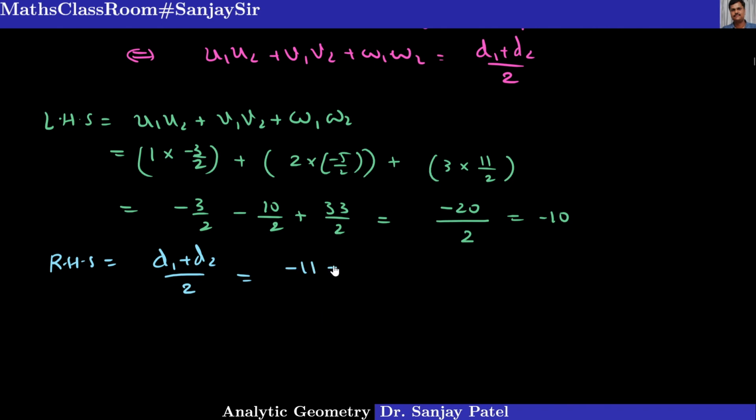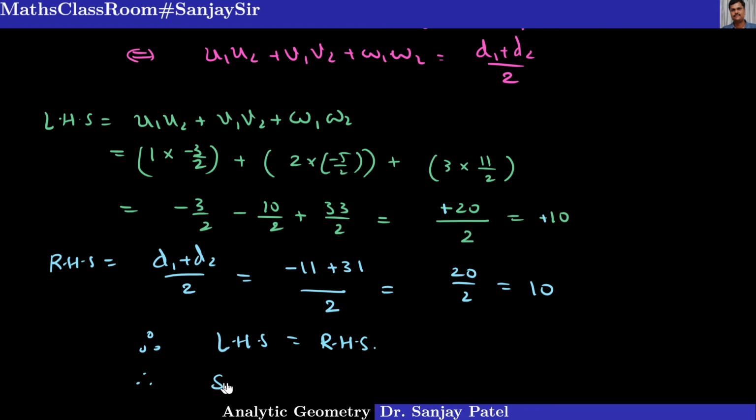It is minus 11 plus 31 upon 2. 31 minus 11 is 20 by 2, so we get 10. And therefore the conclusion is LHS is equal to RHS. And therefore the two spheres are orthogonal to each other. S1 is perpendicular to S2.